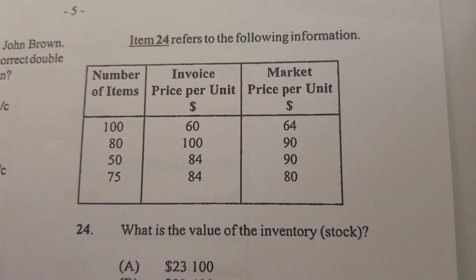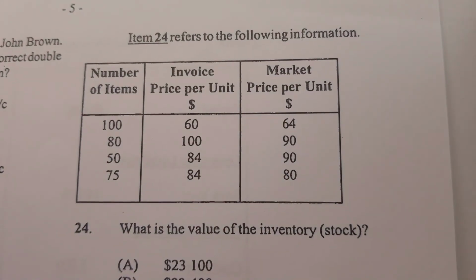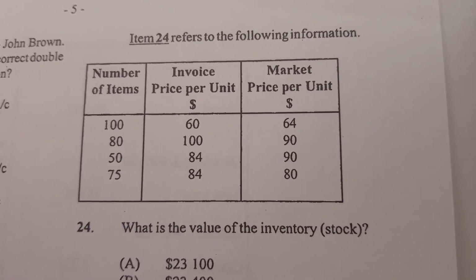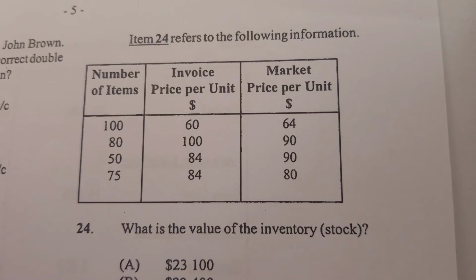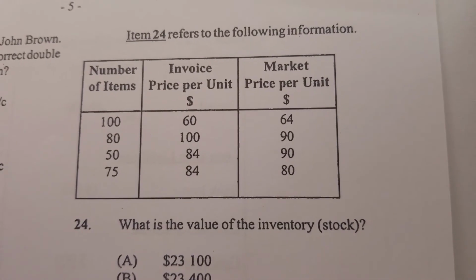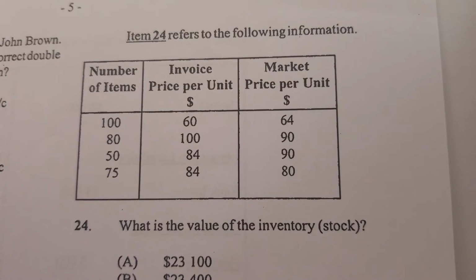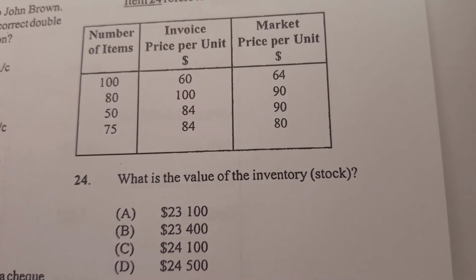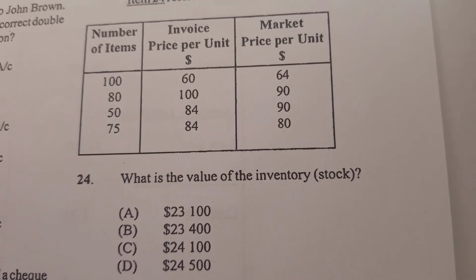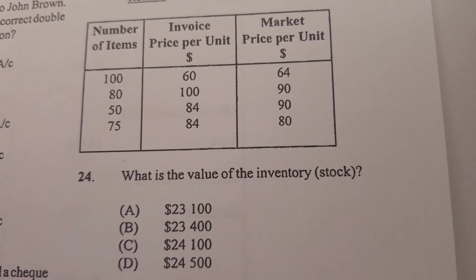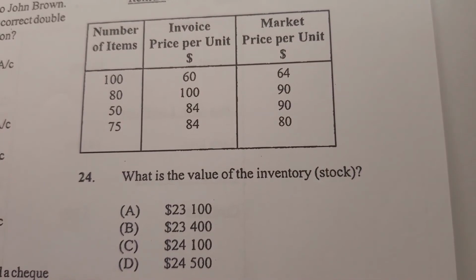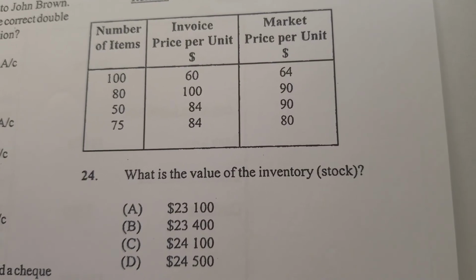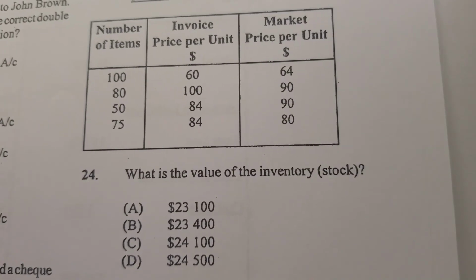Question 24. It is showing us a table with number of items, the invoice price per unit, and the market price per unit. We are asked, what is the value of the inventory stock? Now, first of all, when we're dealing with inventory, we're dealing with the cost price of the items, not the selling price.